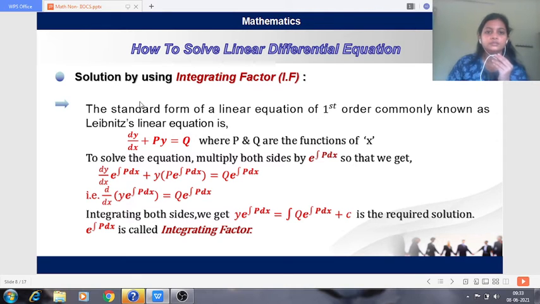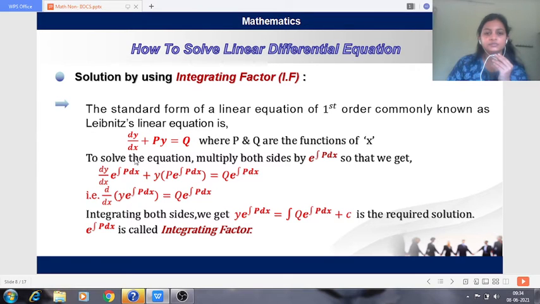To solve by integrating factor, here we take a differential equation dy dx plus py is equal to q, where p and q are the functions of x, and this equation dy dx plus py is equal to q is commonly known as Leibniz linear equation.